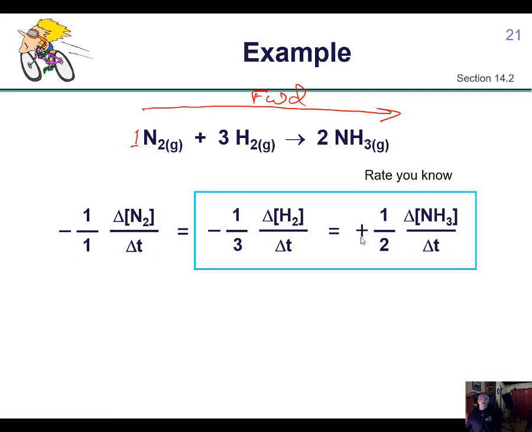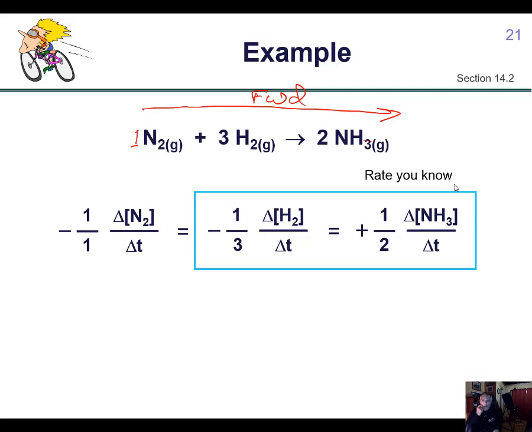Okay, so let's say what we want to relate is the rate of disappearance of hydrogen to the rate of appearance of ammonia. And let's say that I know the rate of appearance of ammonia, but what I want to know is the rate of disappearance of hydrogen. So this is the rate I know, the rate of appearance of ammonia. I actually have a number for that.